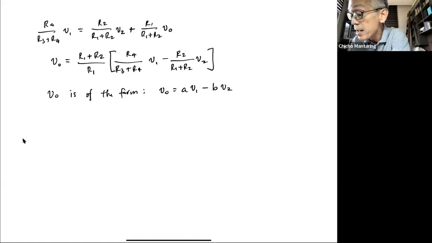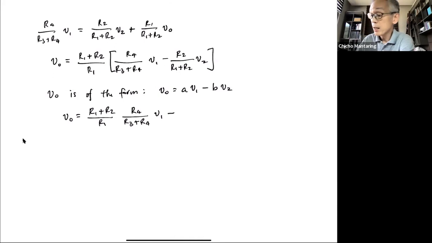V sub O, A is R1 plus R2 over R1, then you have R4 over R3 plus R4, V1, minus B, where R1 plus R2 cancels out, so you have R2 over R1 V2.